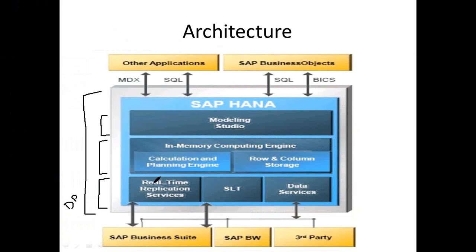In this slide, you have three major data provisioning engines listed. The first one is called real-time replication services. This is also called Sybase replication or log-based replication. Here you would have data replication from database to database into SAP HANA.